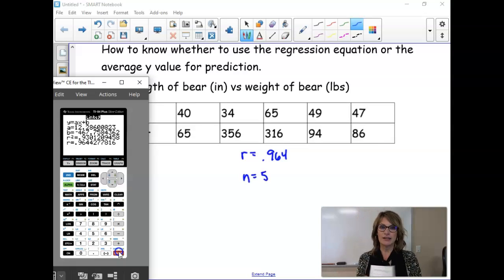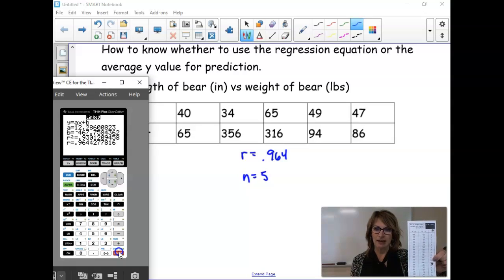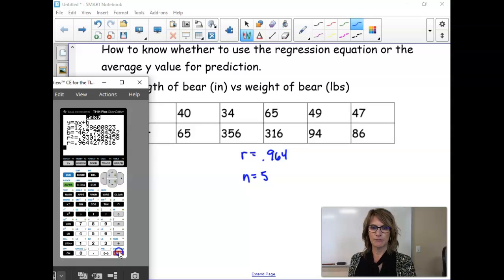Pull out our handy dandy chart and go down to n equals 5 and then over to the first column, and our table value is 0.878.